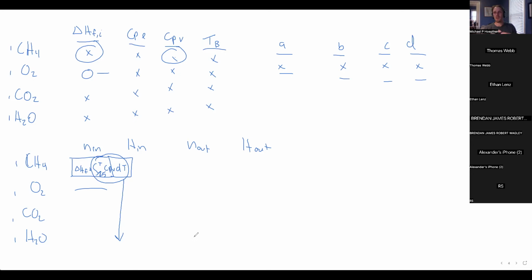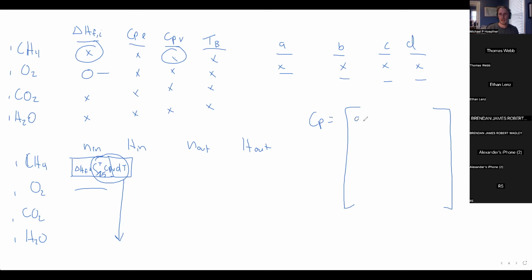So if I were to do this in Python or MATLAB, I wouldn't name a variable C sub P A for methane, C sub P B for methane, right? Because then I would have to copy all these different references. So what I would do is have a table, C sub P, and it would be a big matrix, right?